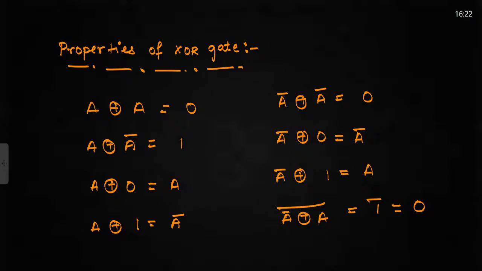Now let us try to understand this one. If I am saying A XOR A, let us say we take A is equal to 0, then it will be 0 into 0 bar plus 0 bar into 0. That will give me 0 only. So that is why here we are having 0.